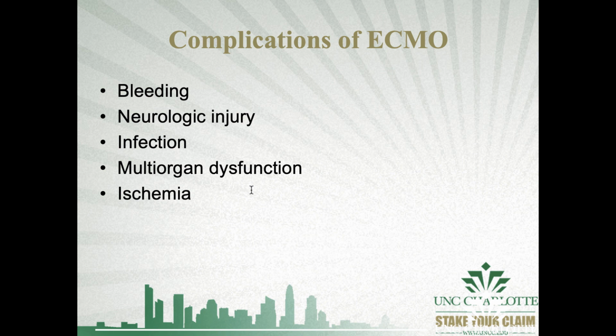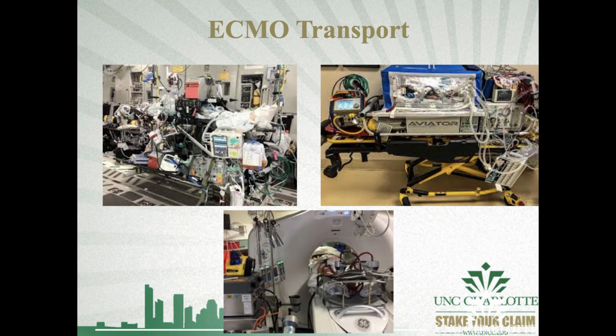We can also introduce air bubbles into the system, and via ECMO that can translate into going into their brain. We introduce obvious sites of infection, multi-organ dysfunction with renal perfusion, and ischemia as far as our distal perfusion, let's say you're in VA ECMO. So these are all complications of ECMO, and these are things that we're exposing our patients to. We have to be very diligent in assessing our risk versus reward with these patients.